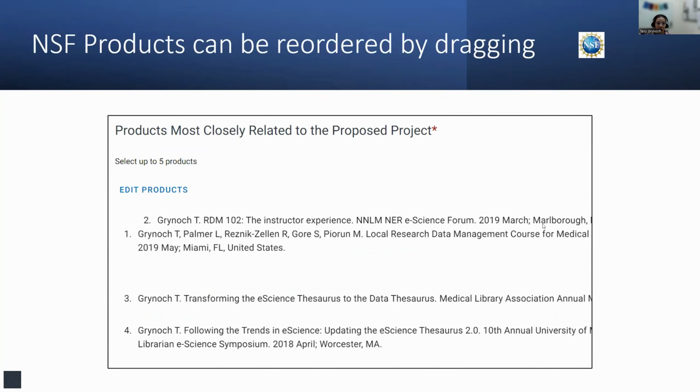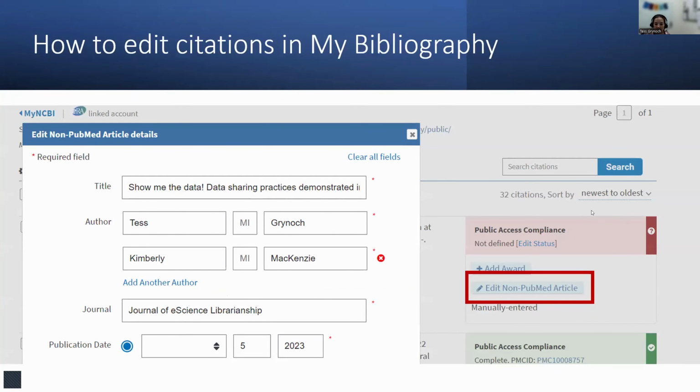And then you do have the option to reorder NSF products by dragging and dropping them into the order that you want them, whether that you want them to be ordered chronologically or by importance to the grant that you're applying for. And getting to that question about editing the citations. So for editing citations, you can do it either in My Bibliography or within ORCID, which is going to be directly within SciENcv.